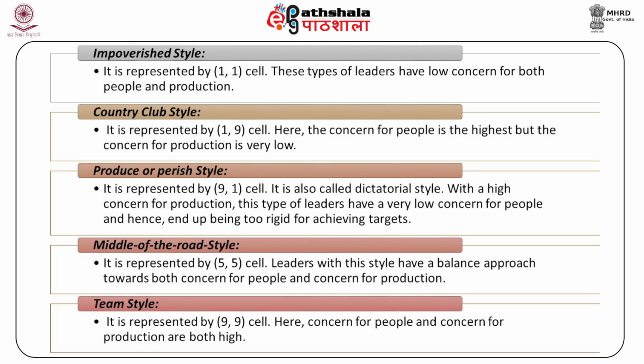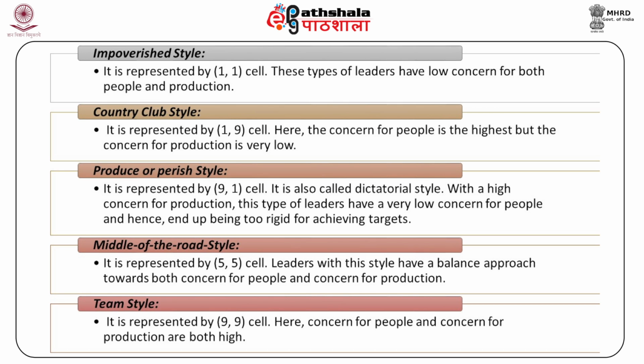Third is the produce or perish style. It is represented by the 9-1 cell. It is also called the dictatorial style. With a high concern for production, these types of leaders have a very low concern for people and hence end up being too rigid for achieving targets.